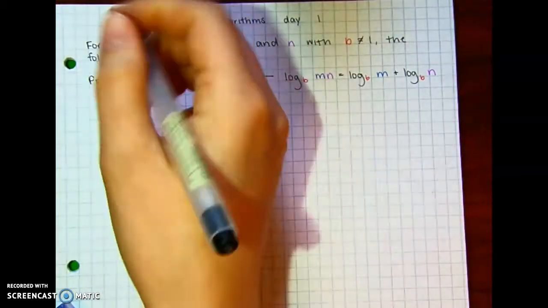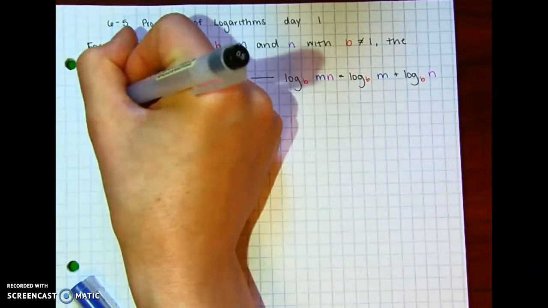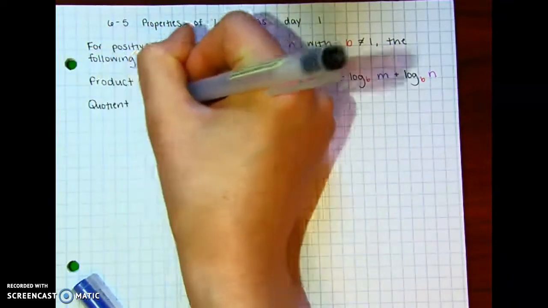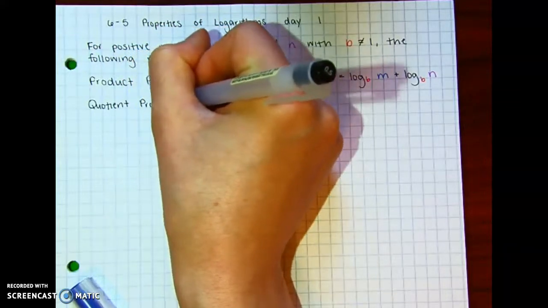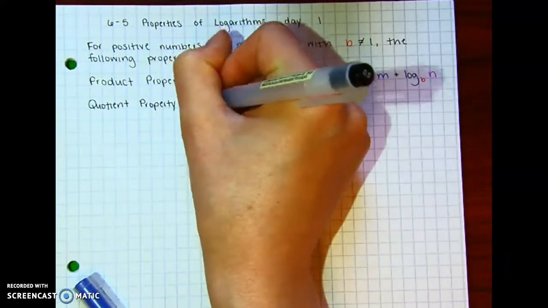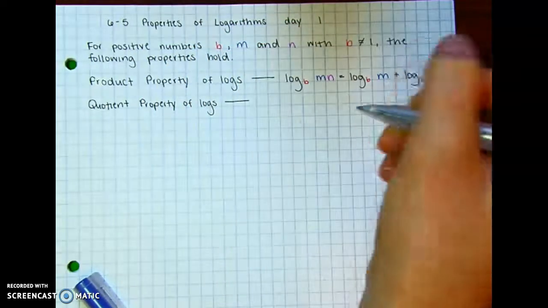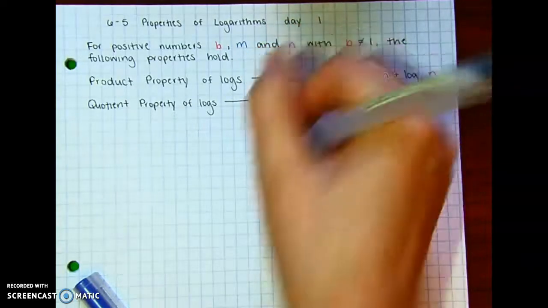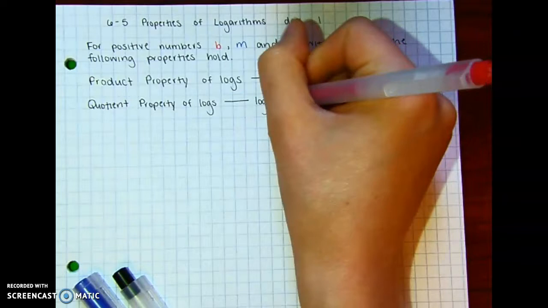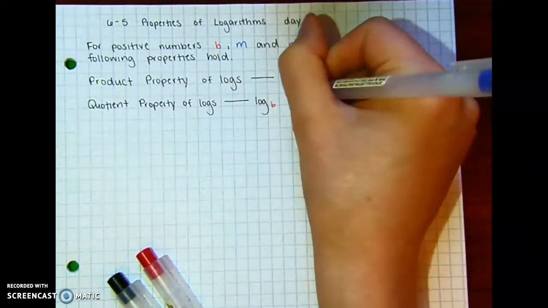Now let's do the quotient property. So for the quotient property of logs, we have log base b of m divided by n.